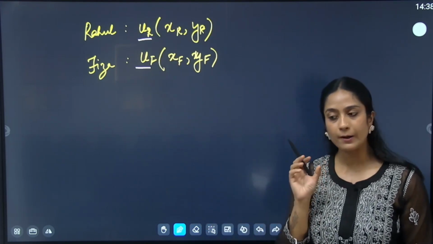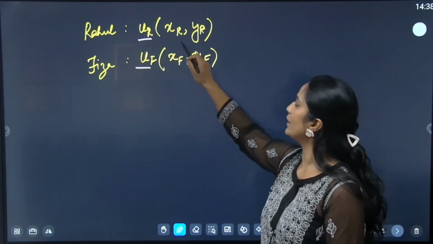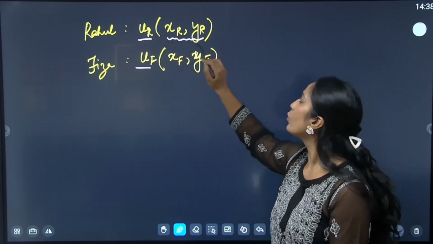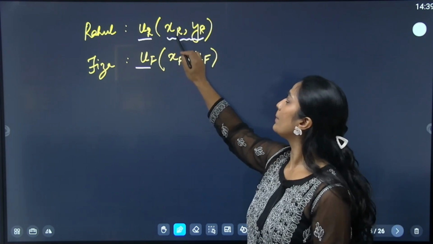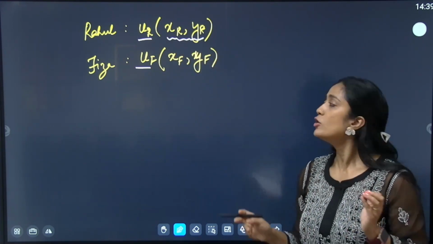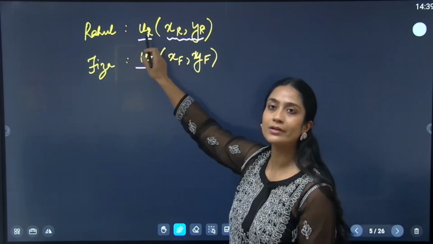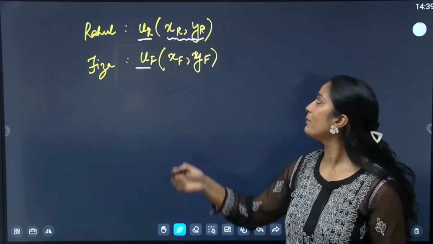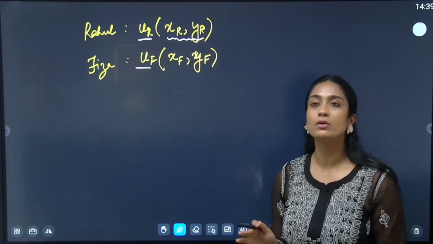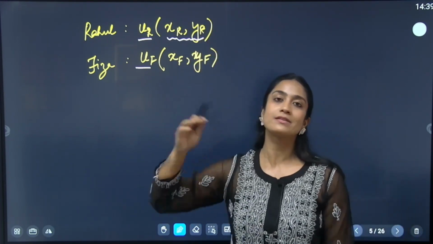You should note the important thing is that the arguments of this function are only the bundle that Rahul has, right? So what it means is that Rahul's utility is only determined by how much bread and rum he has and has nothing to do with how much bread or rum Fiza has.